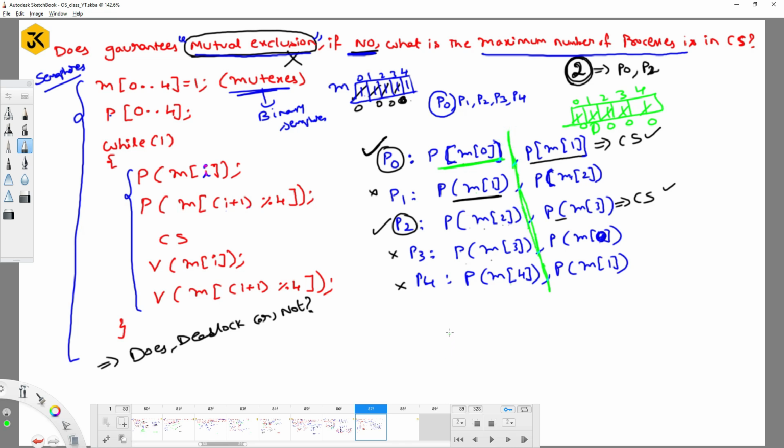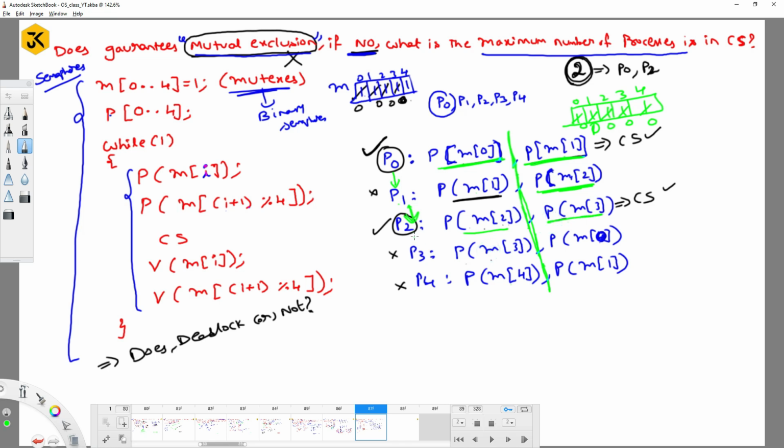Now what will happen? If P0 wants to continue its execution, it has to wait for P of M1, which means it has to wait for P1. If P1 wants to complete execution, it is waiting for P of M2, which is held by P2. If P2 wants to complete execution, it is holding P of M2 and waiting for P of M3.